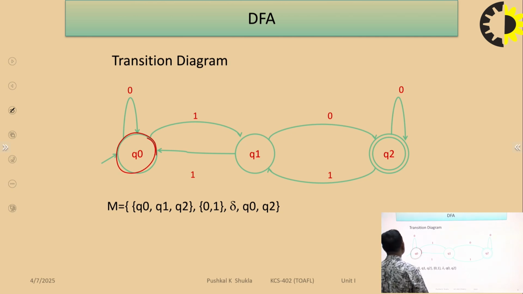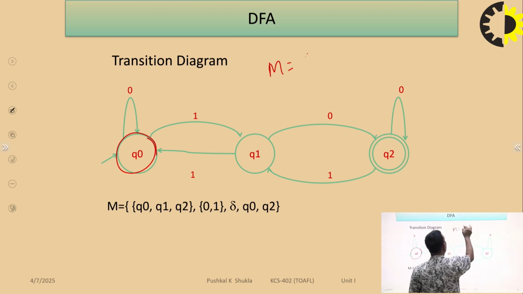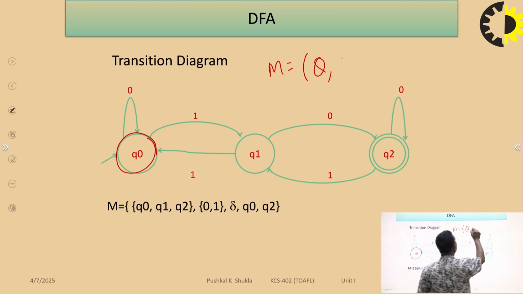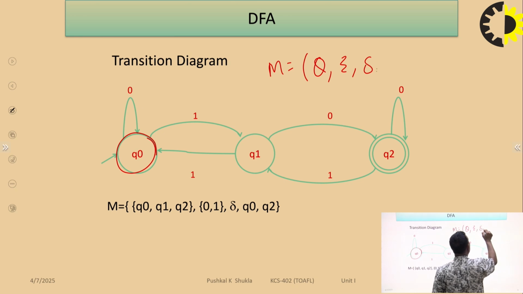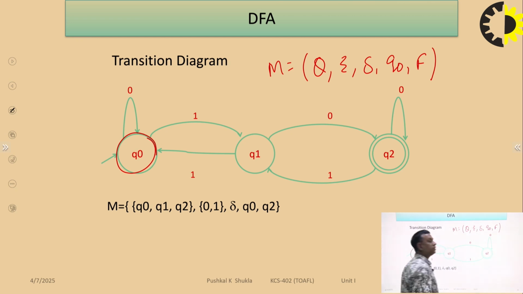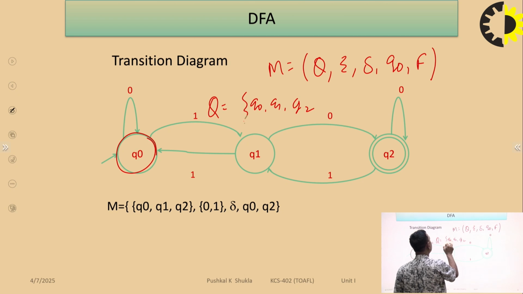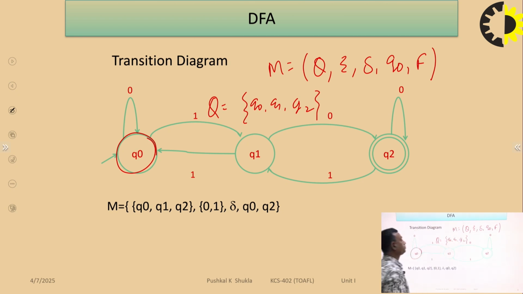If we are talking about the tuple M, Q, sigma, delta, Q naught and F, then for this DFA, the states of this DFA are Q naught, Q1 and Q2. So this is Q.